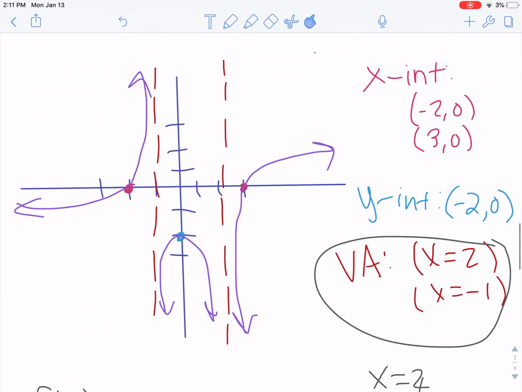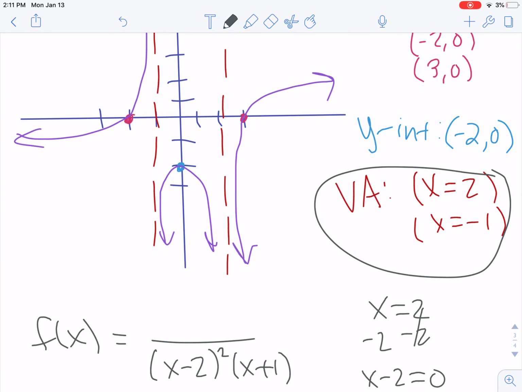To find the top, that's where your x-intercepts come into play. I have an x-intercept at (-2, 0), so that means I have x plus 2, and x minus 3 on top. I do have to worry about multiplicity on those.